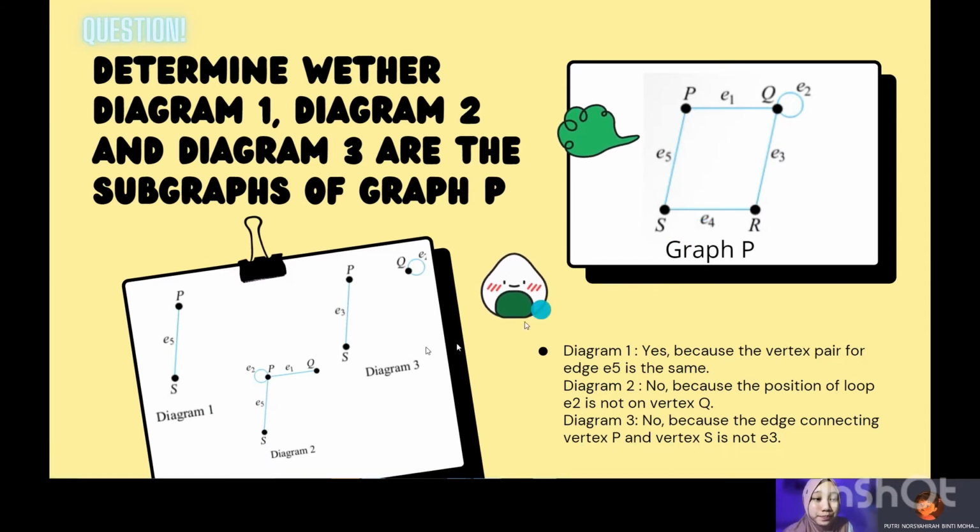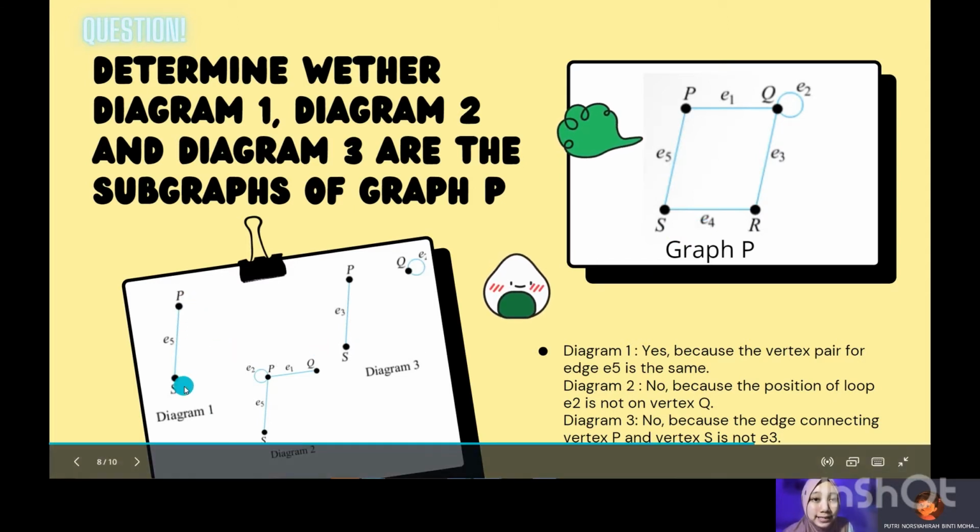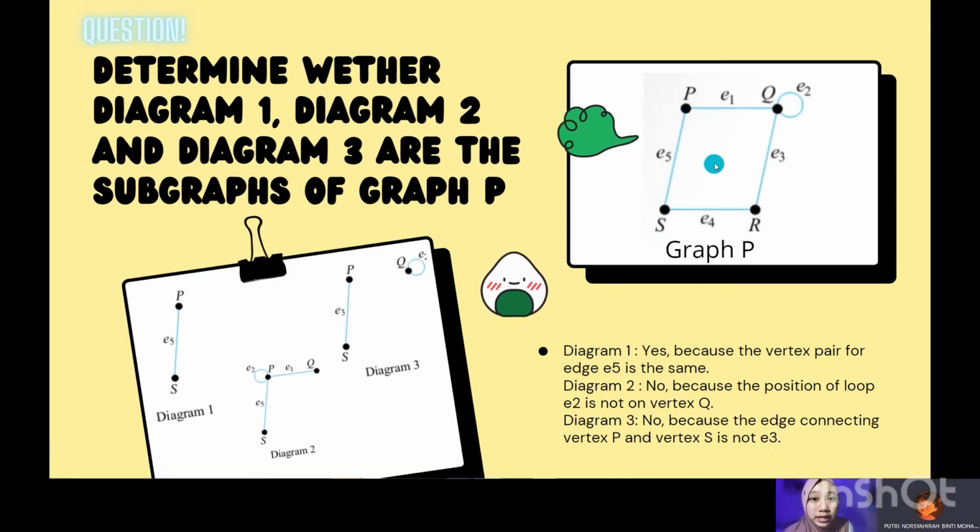Yes. As we look here, PS, PS, E5, E5. Anything that's the same as graph P would be a subgraph of P. So diagram 1, yes, it is a subgraph of P.